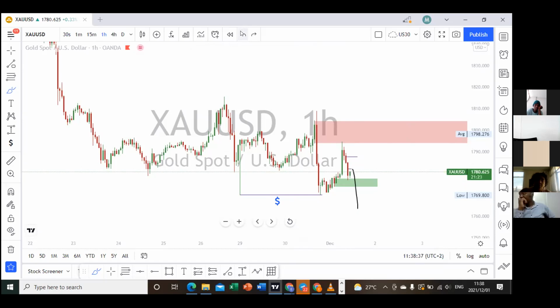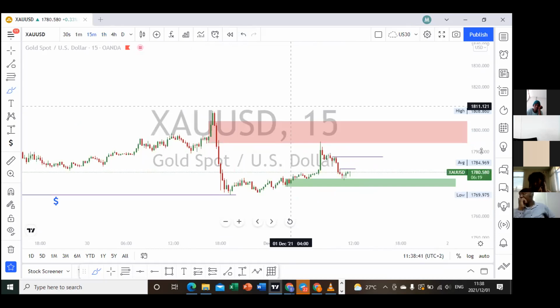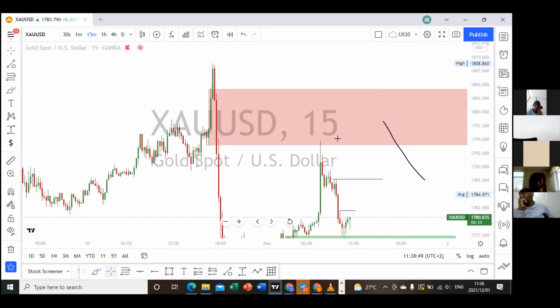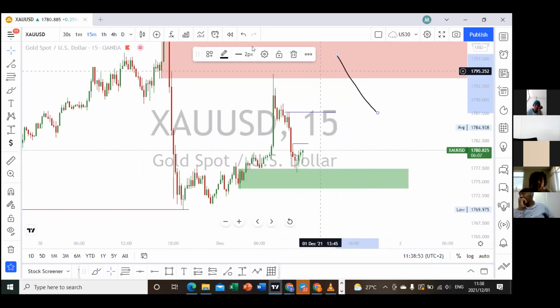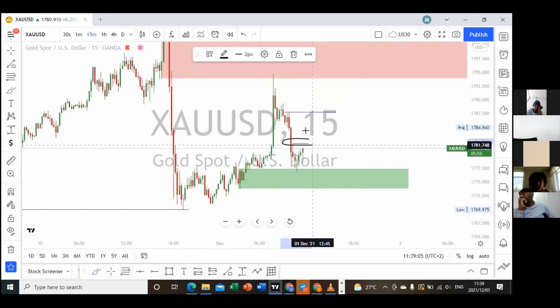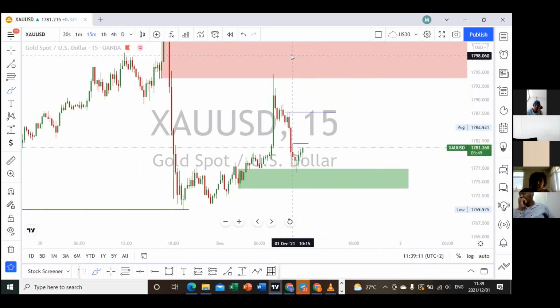Let us go to 15 minutes so that we can see clearly what we are looking for. Unless, guys, on these areas that I've pointed, the market breaks above this area here and closes above it, I'm still looking for selling opportunities, meaning I haven't yet seen the change of character.